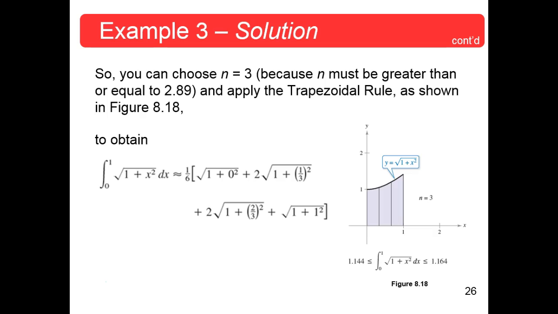Do 33. Do 35. Do 37. You can think about doing 39 if you want to. That's completely up to you. All these should be at Calc Chat.